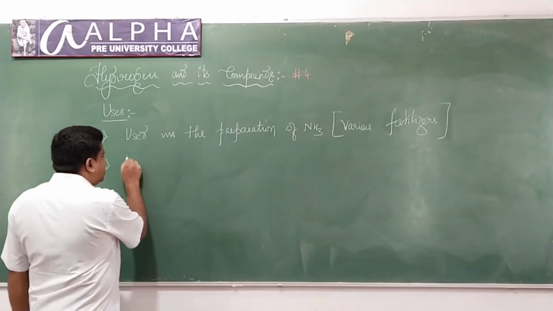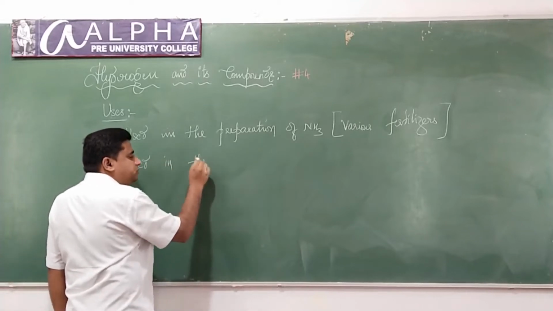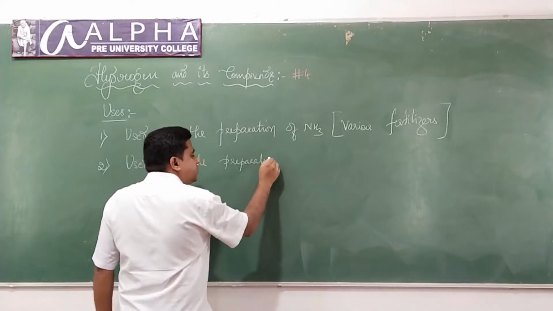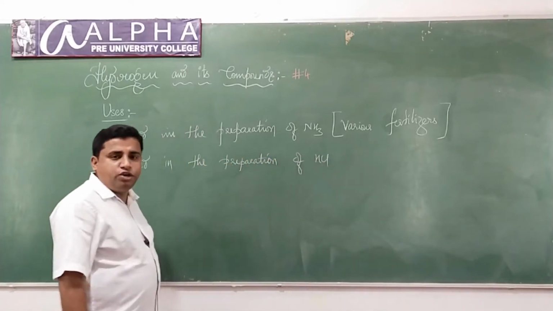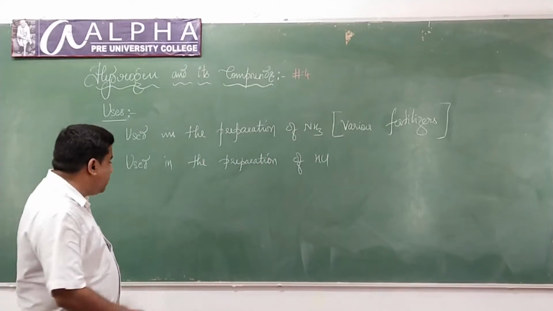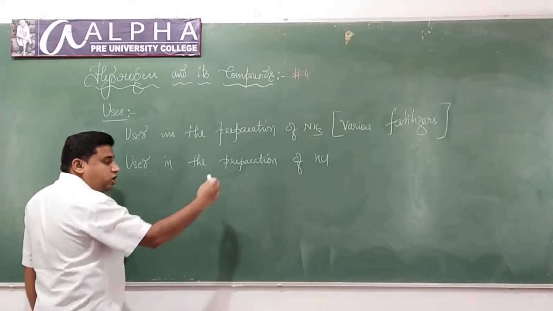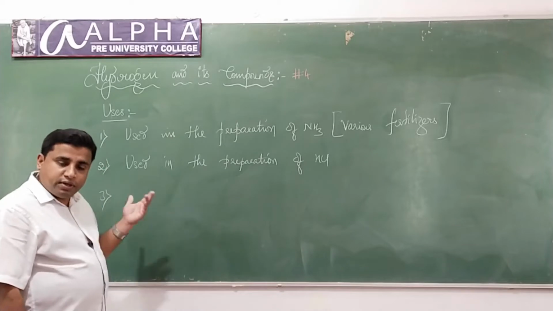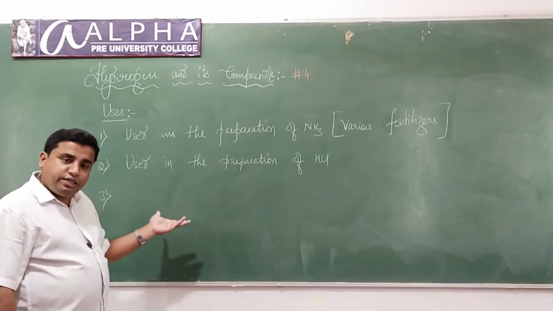And hydrogen is used in the preparation of HCl, again a very important use. And we learnt how you convert vegetable oil to vanaspati ghee: by hydrogenating the vegetable oil.